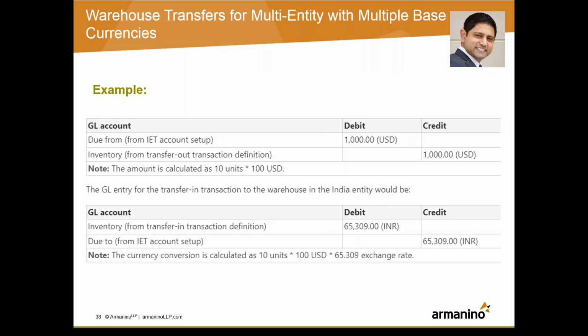And then I've got an example in here that at least shows you what's happening on the debits and credit side. So assuming that we've got, looks like 10 units of a particular item at a cost of $100 each, and you're going to go in and transfer from our entity in the US to a warehouse in India. The USD to INR exchange rate on the specific exchange rate date is 65.30.